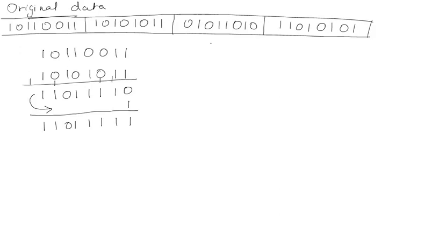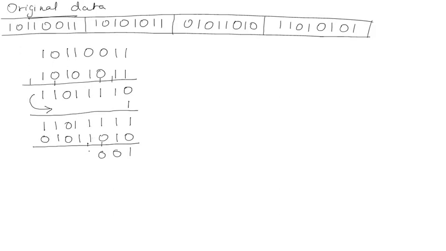Next we need to add the third segment of data, which is 0 1 0 1 1 0 1 0. Now add both of these two. 1 plus 0 gives 1. 1 plus 1 is 0 with a carry of 1. Again 1 plus 1 is 0 with a carry of 1. 1 plus 1 is 1 0.